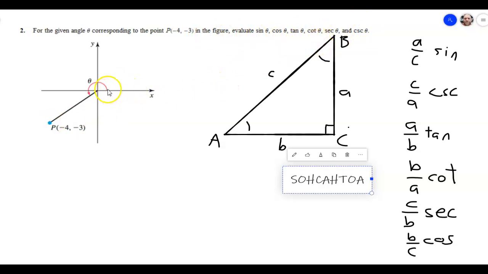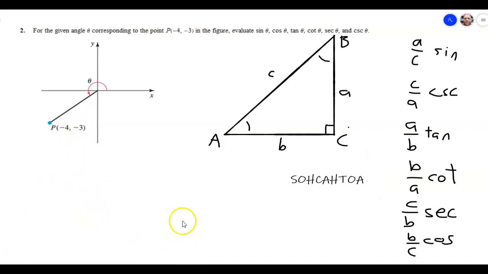Theta is this angle right here. That would be in standard position because we're using the positive x-axis as our initial side, and our terminal side is this one created by the origin and P. So what we're going to do is create a reference angle with this.